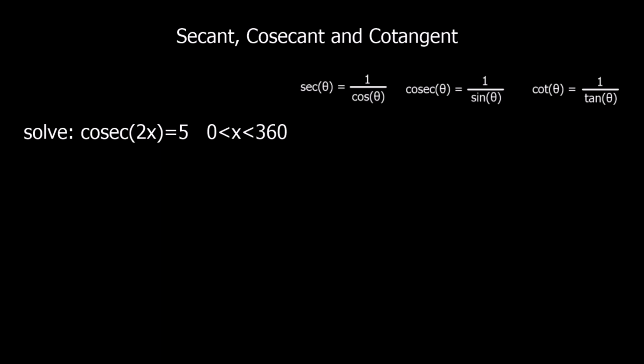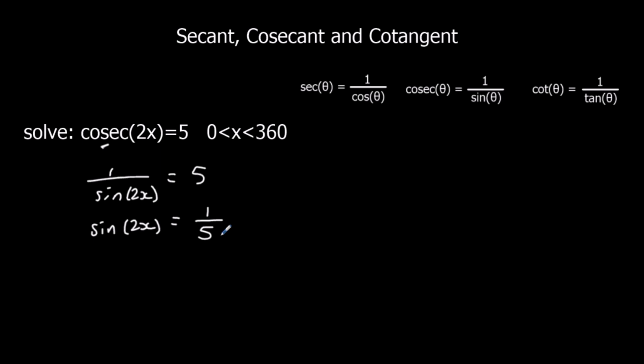Okay, solve cosec 2x equals 5 between 0 and 360 degrees this time. So we're going to change cosec to 1 over sine. So 1 over sine 2x equals 5. And that means sine 2x equals 1/5.